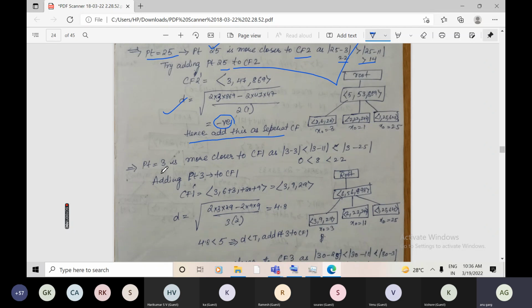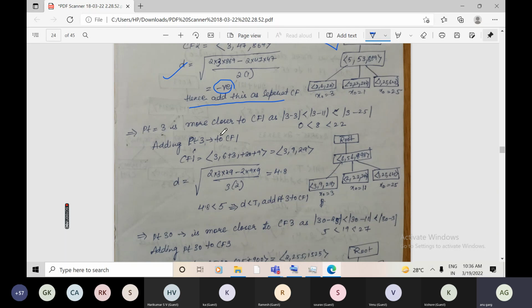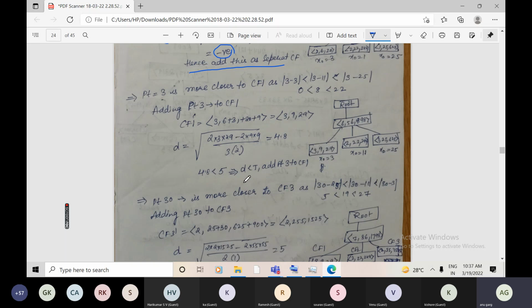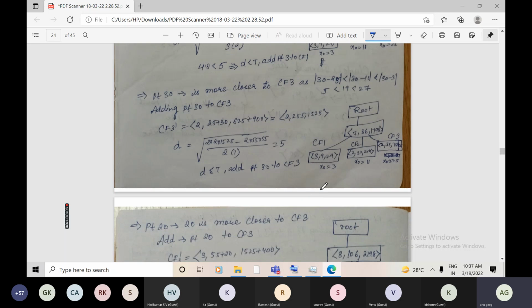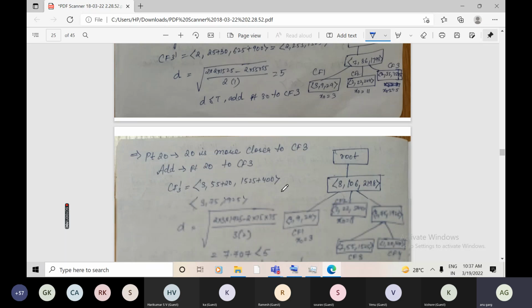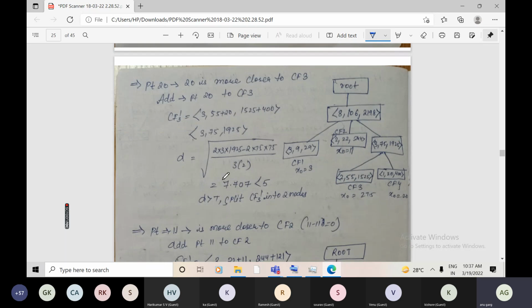Next, if you see here, we have taken 0.3 and then we added it to CF1. All that process is going to be the same. I'm not repeating every step. I'll repeat here. Now, if you see, 20 is closer to CF3. So when it is closer to CF3, you need to consider this CF3 only.